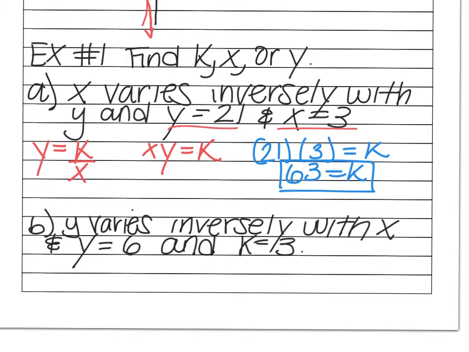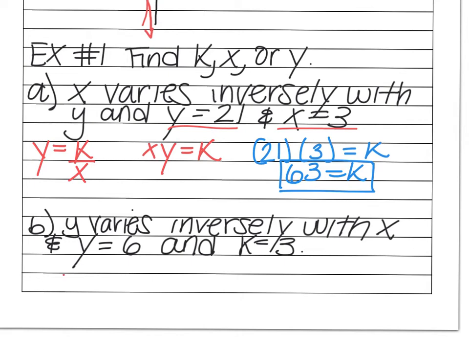Let's look at B. It says y varies inversely with x. And it says that y is 6 and k is 3. So again, you're going to use your formula that I gave you. We're going to use them right here in red. You want to try to find the x. It won't really matter in this case, but let's stick with this one again.